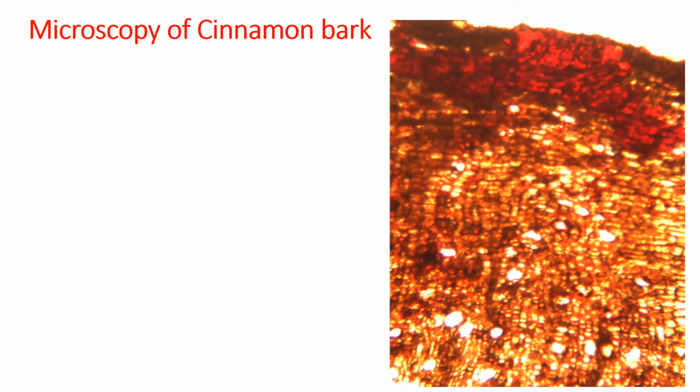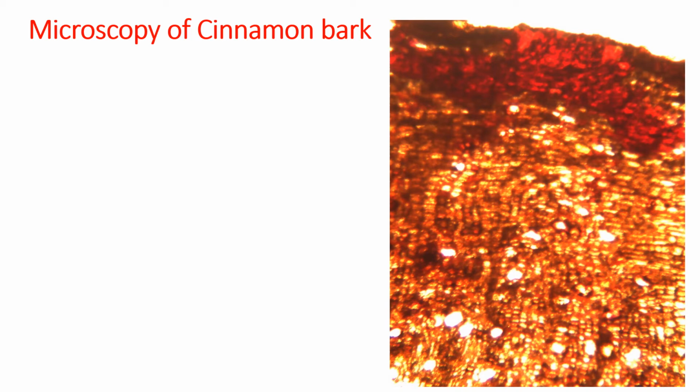Now, once you take the TS and observe under the microscope, there are different staining agents. Like we have discussed in the earlier videos, one of the dyes is phloroglucinol HCl. Now this phloroglucinol HCl gives pink color wherever lignin is present.